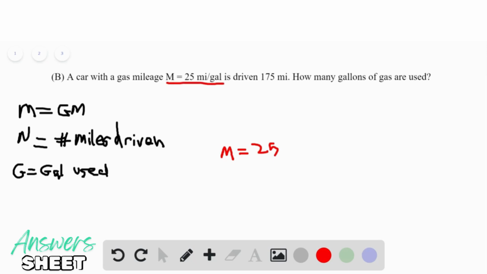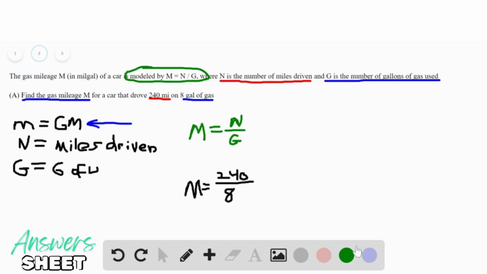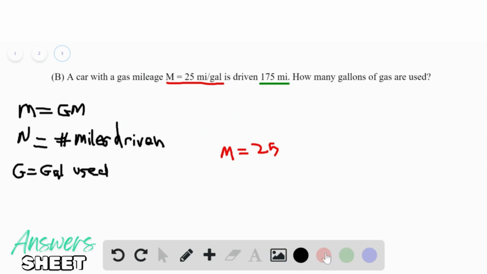We know that our miles driven is 175. So we need to find G. So the formula that we need to solve this problem is similar to what we used in part A. This equation right here, we're going to take this and use it in part B. So let me rewrite that equation. M equals N divided by G.